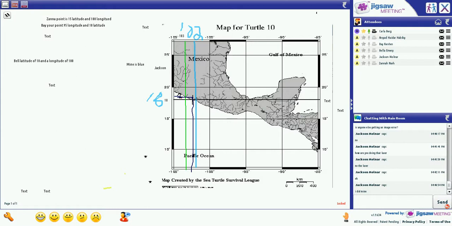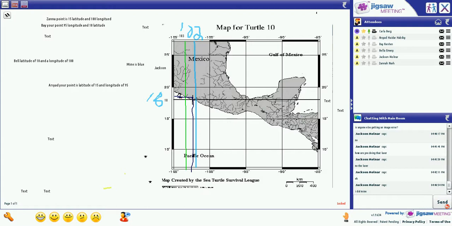And Arsiad, your point is latitude of 15 and longitude of 95.